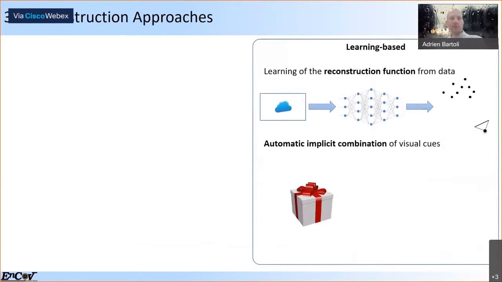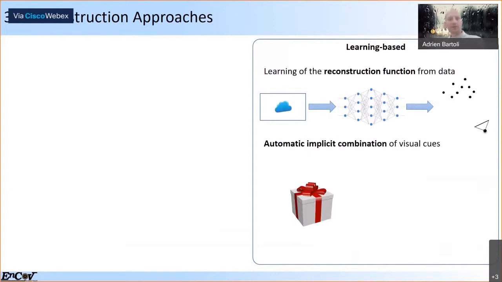There are mainly two approaches nowadays to reconstruction. Of course, the learning-based approach is gaining popularity. The idea is to learn the reconstruction function directly from data, so we have this huge function represented by a network that maps the image data directly to the model of the reconstruction, so to the structure and the cameras.